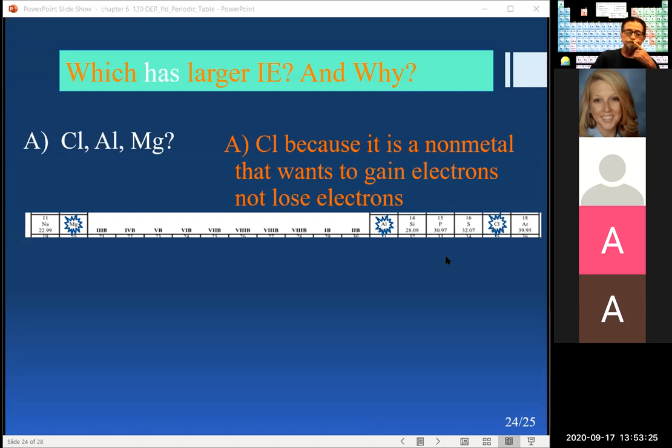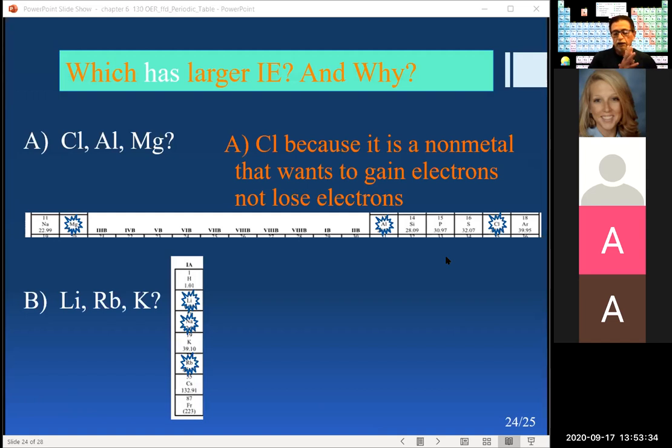Okay, sure. Now, if I'm comparing just nonmetals, then I have to find their position in the periodic table. So here I have all metals, so I can't use the nonmetal rule, and I have to find out where they are in the periodic table. I have lithium, rubidium, and potassium, who happen to be all in group 1A.